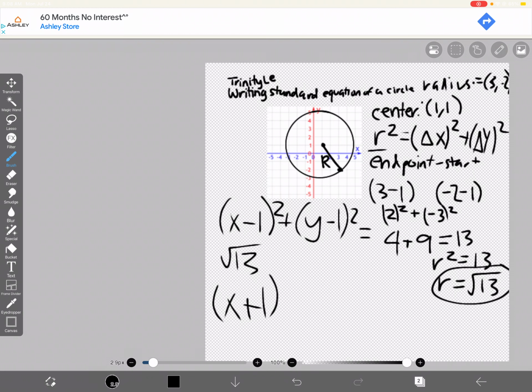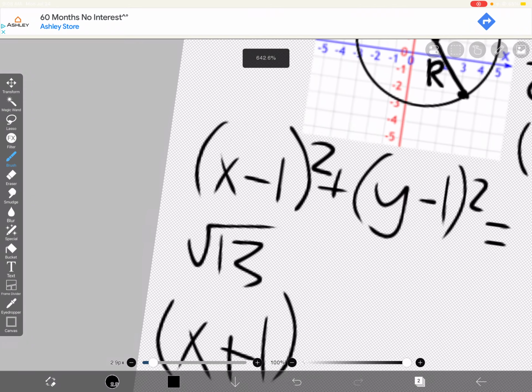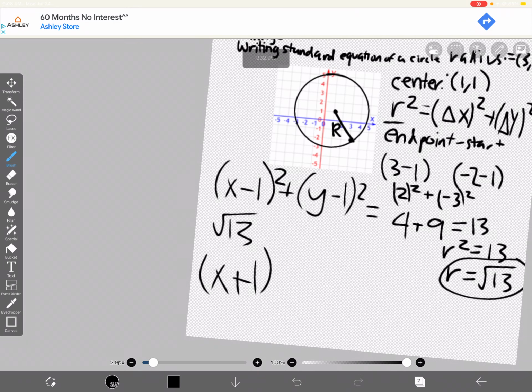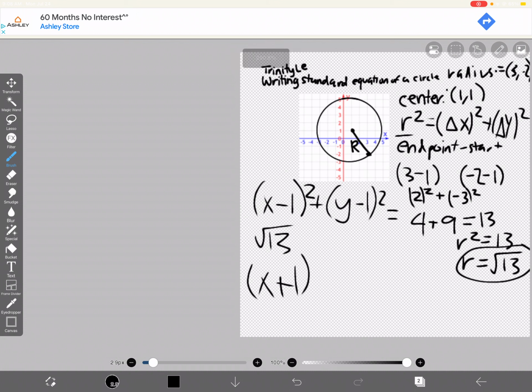It's going to be x minus your x-axis center squared plus y minus your y-axis center squared, and then you put your answer in the last box.